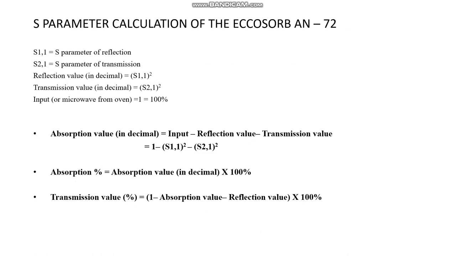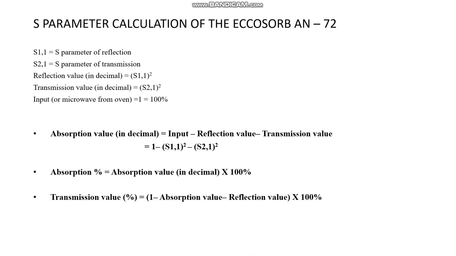Okay, before we start our analysis for the second condition, there are several S parameters that we are going to determine for our material, which is the EcoSorb AN72. S11 is the S parameter of reflection, S21 is the S parameter of transmission, and the input will be identified as 100%.